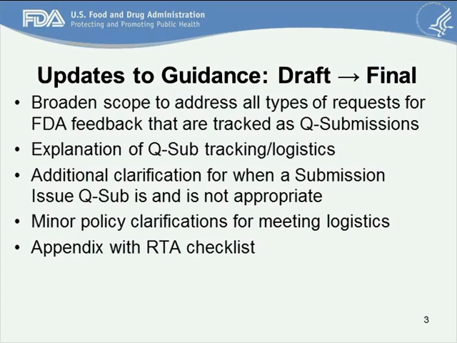The final guidance provides the necessary detail to understand the different Q-submission types, only one of which is the pre-submission. The final guidance also provides more detail on when to submit a Q-submission and policy clarifications for meeting logistics. The final guidance includes the Refuse to Accept checklist as an appendix to outline what FDA is looking for in the acceptance review.